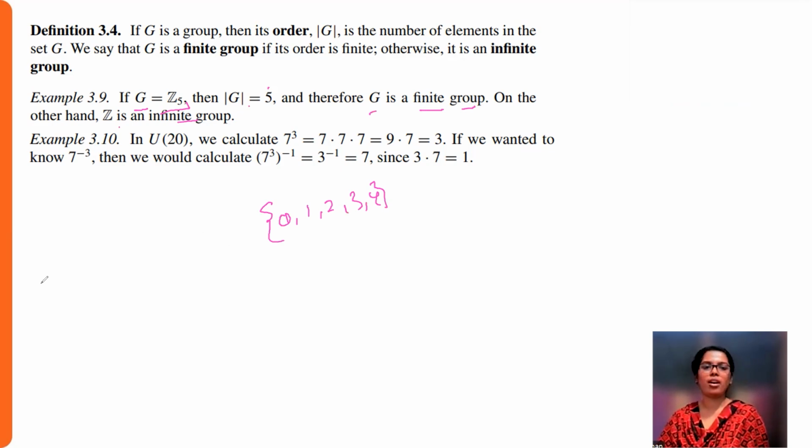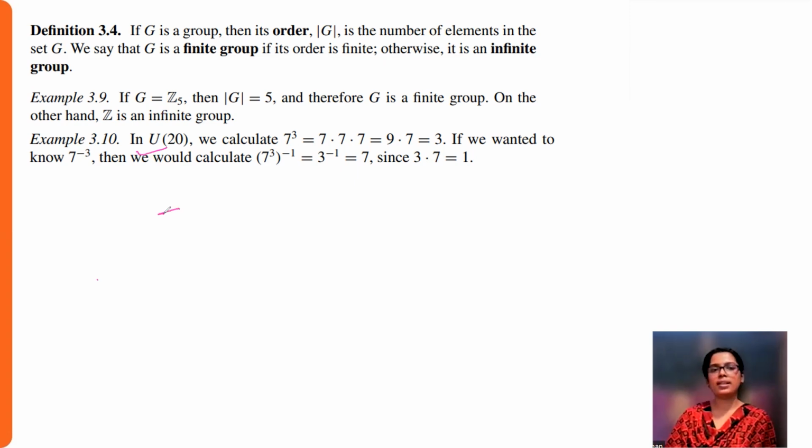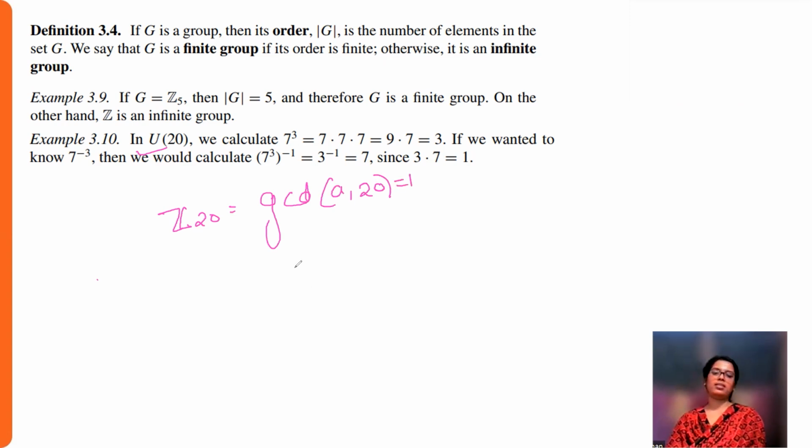Okay. Now, if we talk about U20, U20 is what? It is the multiplication group for Z20, and we pick all the elements from Z20 such that the GCD of that element with 20 is equal to 1. So the elements of U20 will be what? It will be 1. 2: GCD of 2 and 20 is not 1, it's 2. And then we have 3, because GCD of 3 and 20 is 1.